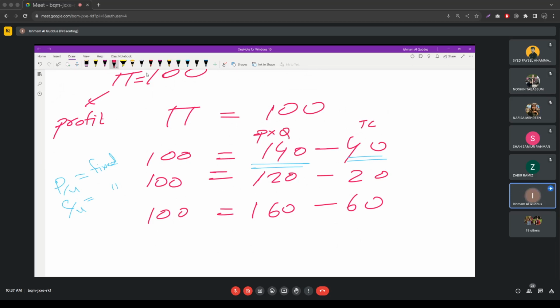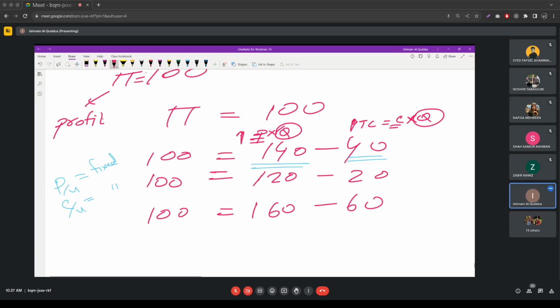Total cost is nothing but C times Q, the cost times the quantity that you're producing. If these two are fixed, Q is an important factor, because if you increase the quantity level, your total cost would also go up.